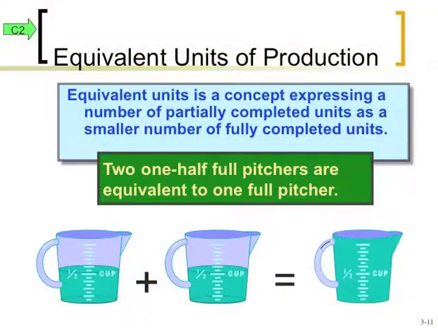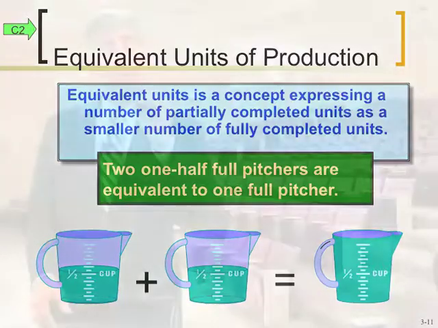And what do I mean by that? Let's assume, if you look at slide 11, you notice that we have 1/2 pitcher of water. We have 2 of those. Well, we could either say we have 2 half pitchers, or we have 1 equivalent full pitcher.